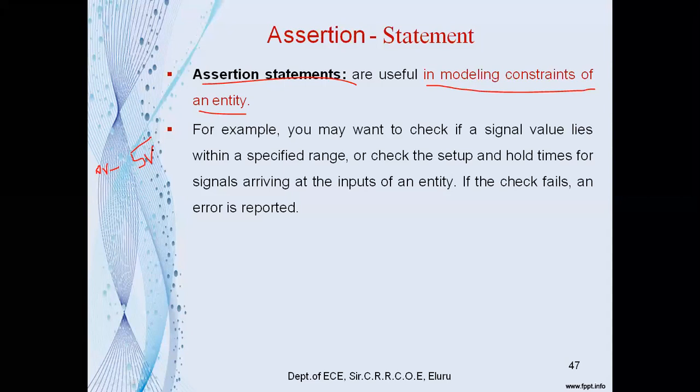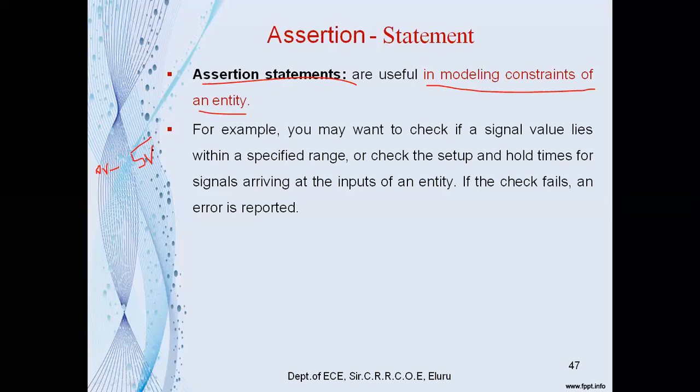Suppose the applied input is more than 5 volts. Actually the value is supposed to be 0 volts to 5 volts, but the given input is a 6 volt signal, say.